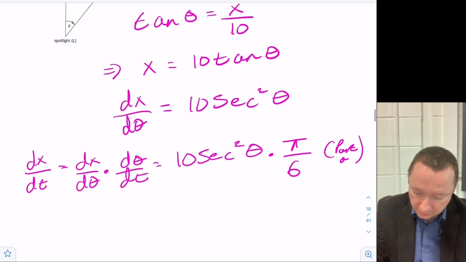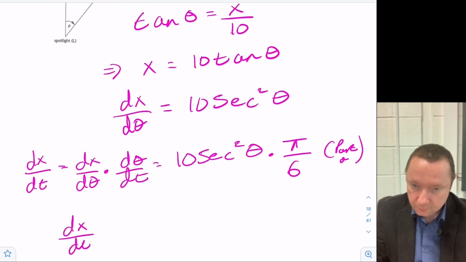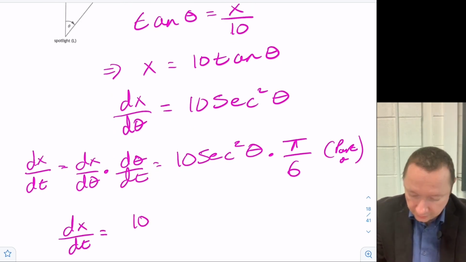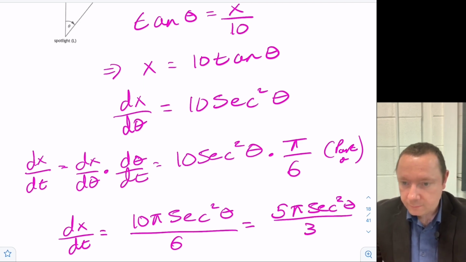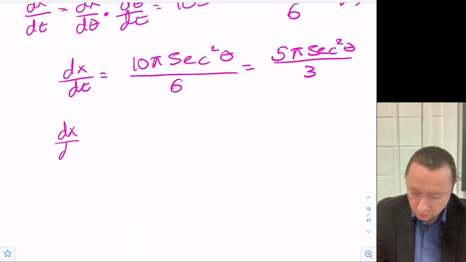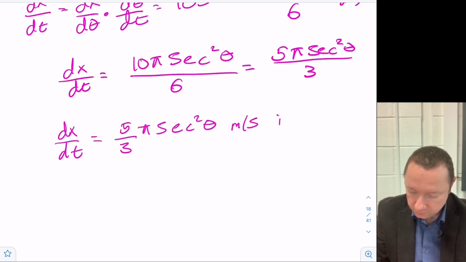So dx by dt is 10 pi sec squared theta over 6, which is 5 pi sec squared theta over 3. So dx by dt is 5 over 3 pi sec squared theta meters per second, which is proved.